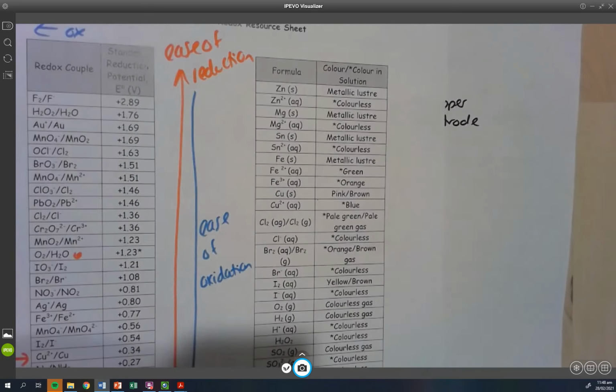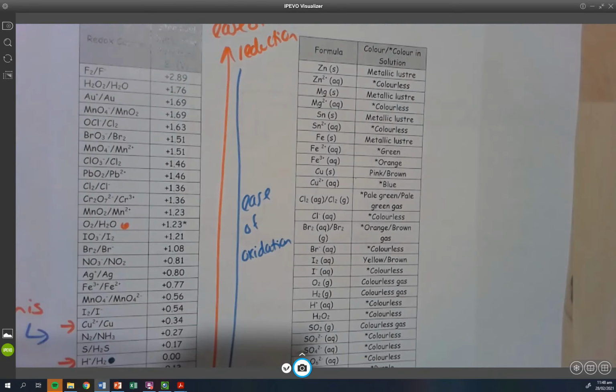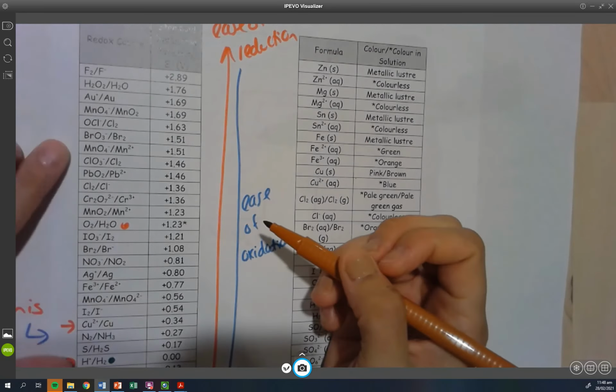So we are going back to this resource sheet, and I am basically looking for copper and copper 2, and iron 2. I gotta find it. Here is copper and copper 2, and then here is iron and iron 2.